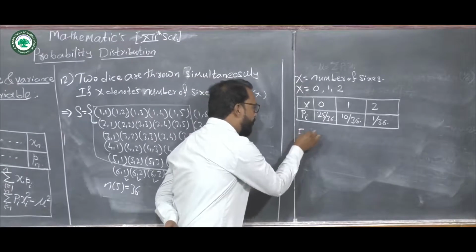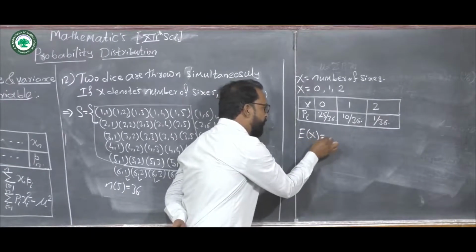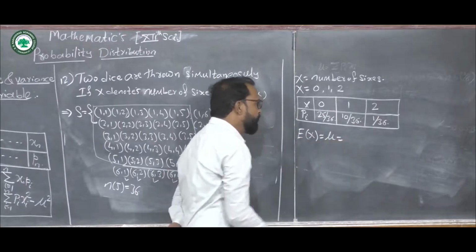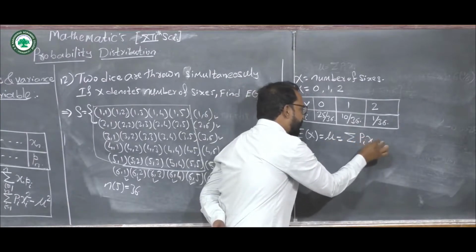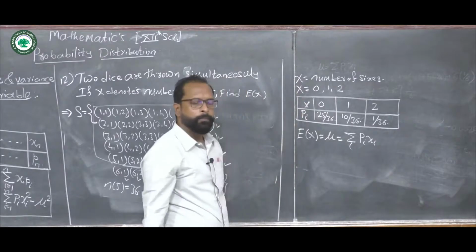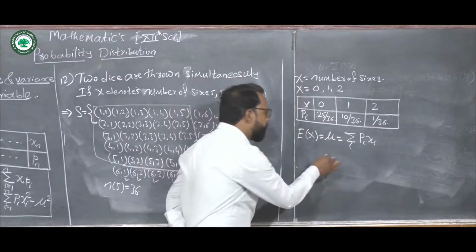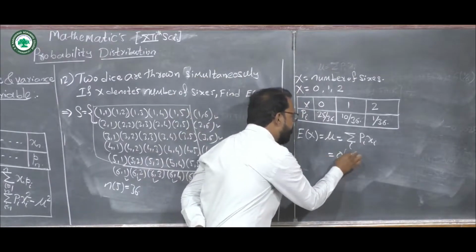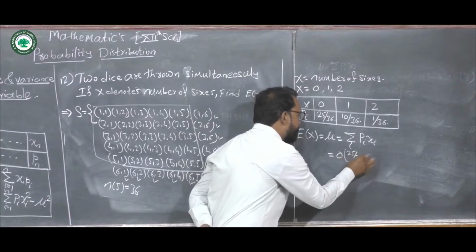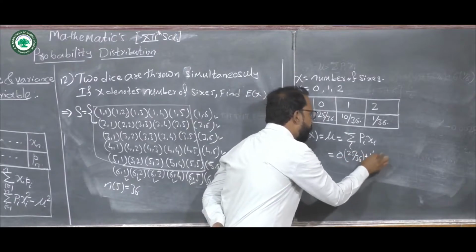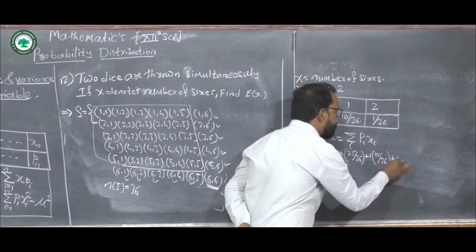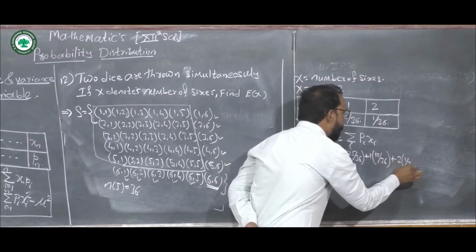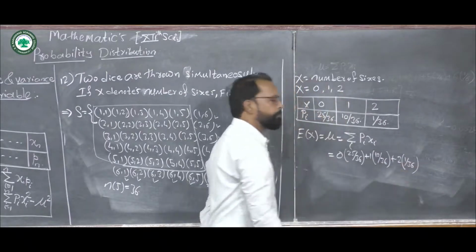Now we have the formula: expected value E of x, that is mu, equals summation of pi into xi, summation over i. Now putting these values, we get 0 into 25 upon 36 plus 1 into 10 upon 36 plus 2 into 1 upon 36.